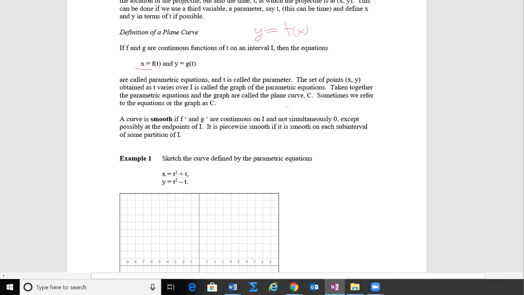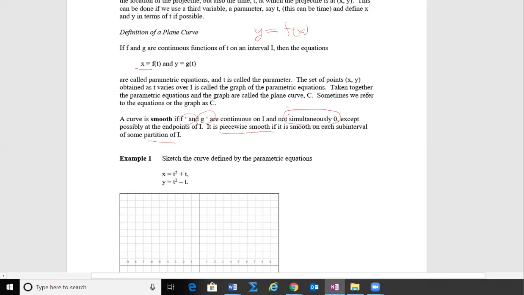A plane curve is smooth if the derivatives f prime, g prime are continuous and not simultaneously zero, except at the endpoints. If the endpoints give us trouble, we can still work with that. It's considered piecewise smooth if you can break it into pieces, a partition of the interval I, where the curve is smooth on each subinterval.